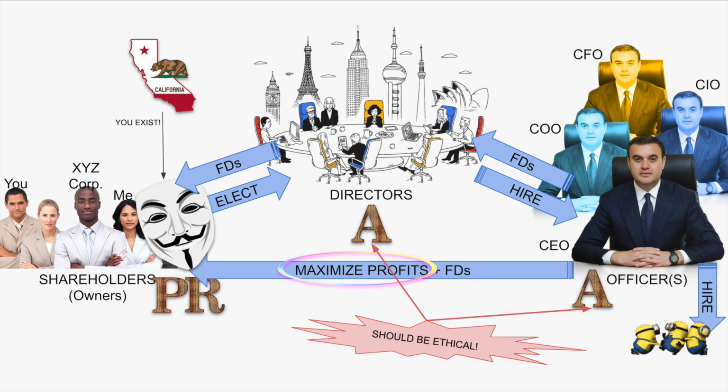Until then, we can generally define agency as when an agent has the authority to act on behalf of and in the interests of someone else, called a principal. Here I have abbreviated agent with the letter A and principal with the letters PR. Directors and officers of a corporation are agents of the corporation, and that would mean that the corporation is their principal.